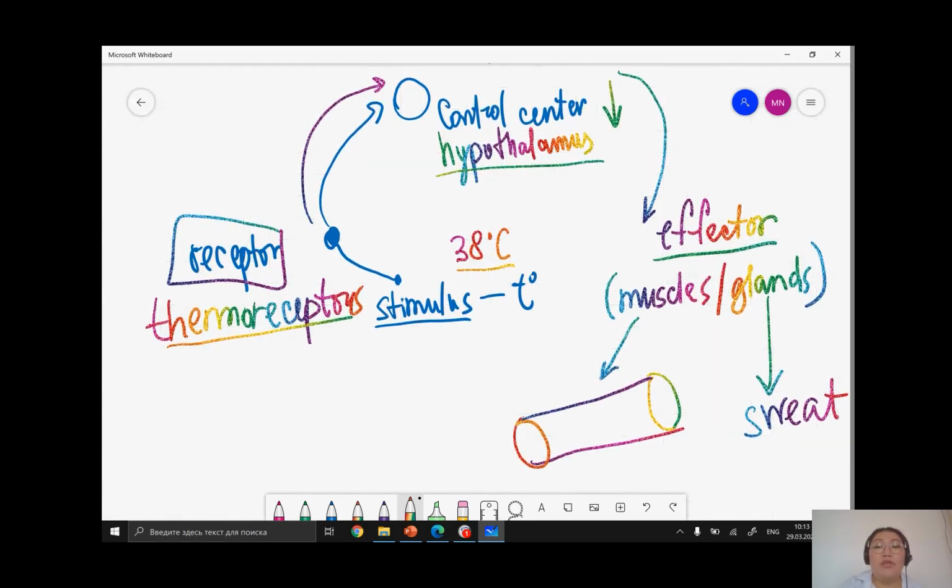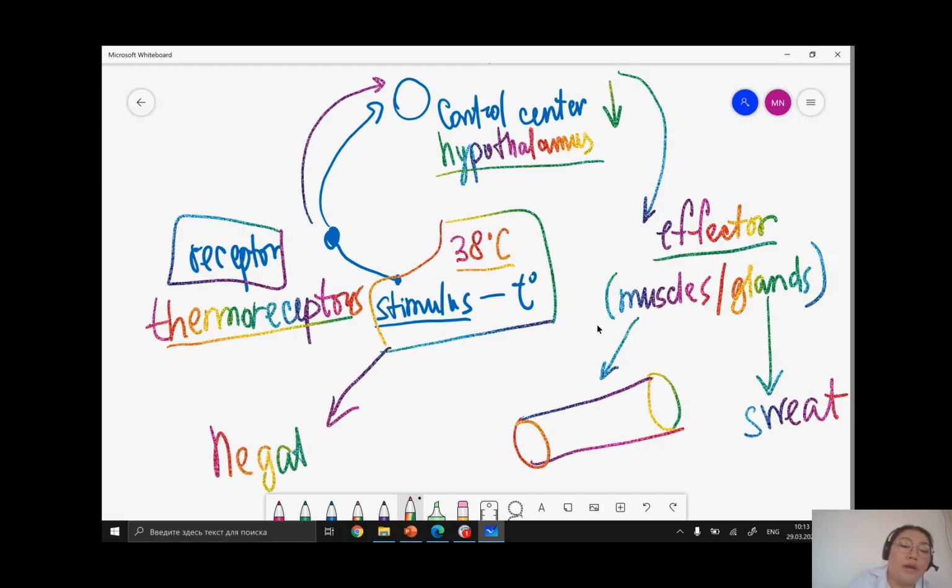And this mechanism negates the effects of the stimulus. This is the stimulus, and we need to negate it, so we need to remove the consequences of the stimulus. That's what we call the negative feedback loop.